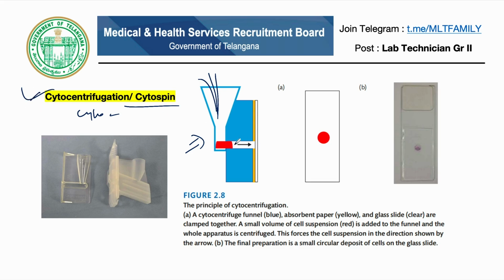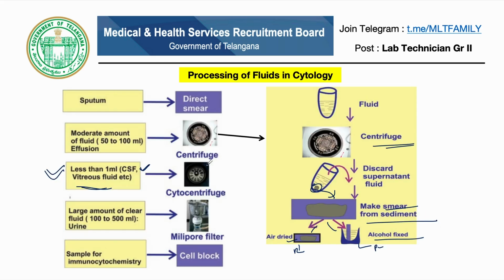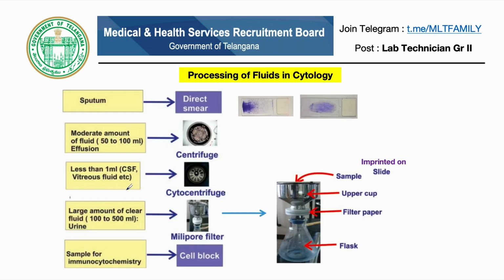The centrifugal force pushes the essential cells or content onto the slide. This is a positively charged slide, and you will get this kind of smear. This is called cytocentrifugation or cytospin technology, which we use for less than 1 ml of CSF or vitreous fluid sample.